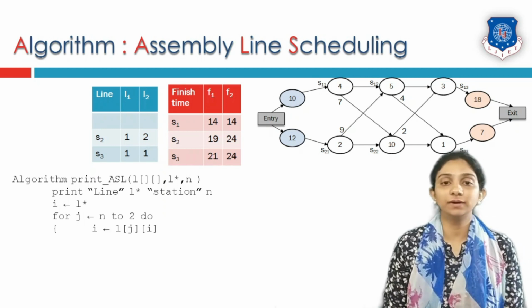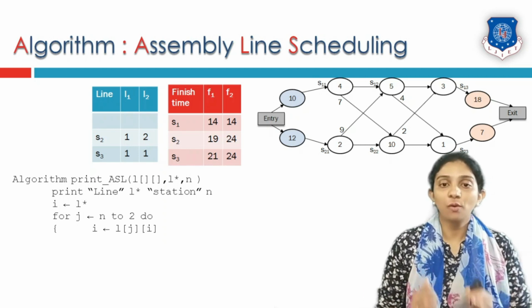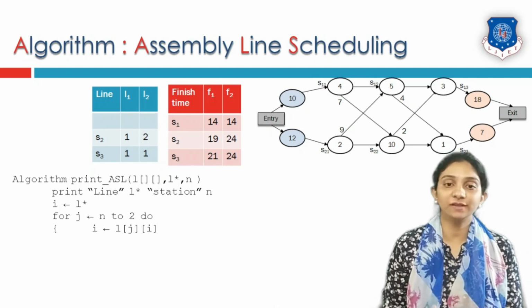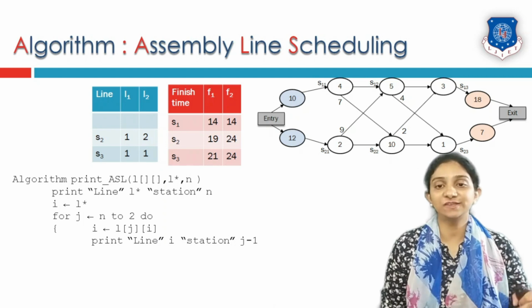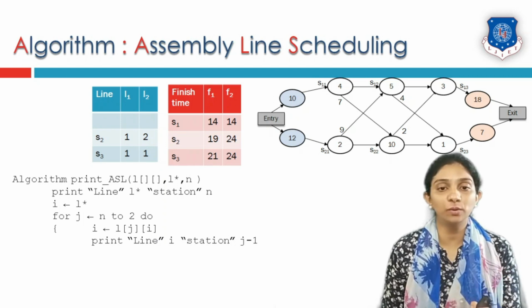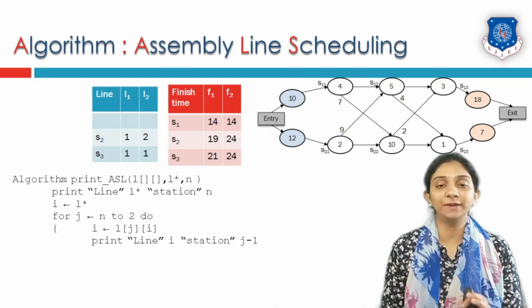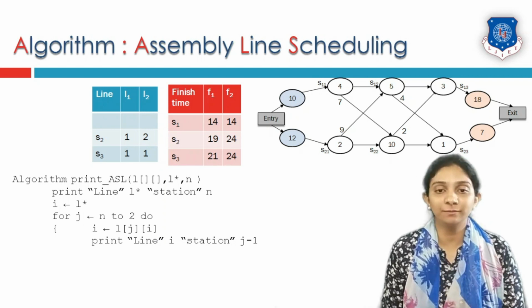Next line number I is equal to the line table's jth row and ith column, that is L of ji. Then we will print line I station number j minus 1. For j equal to n, station number n minus 1 will be printed. For j equal to 2, station number 1 will be printed.